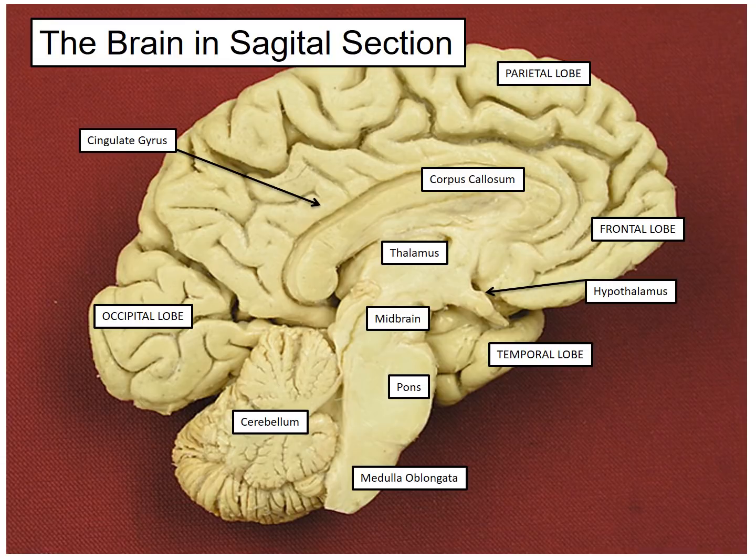A couple other structures that are important that we'll talk about: the thalamus above the midbrain, the corpus callosum, a series of interconnecting neurons connecting the right and the left hemisphere, and the hypothalamus.